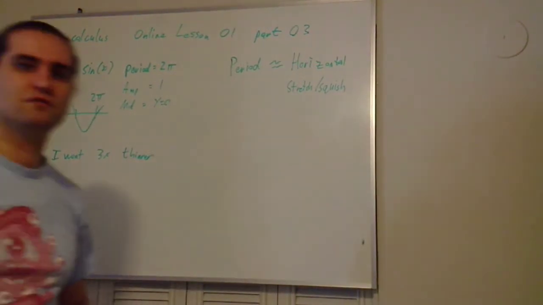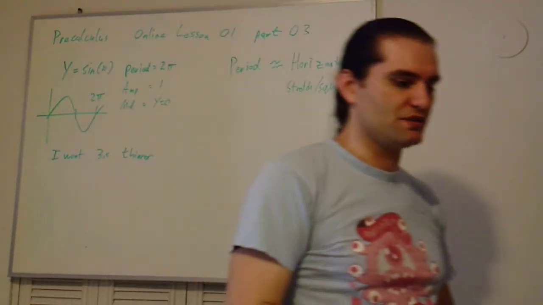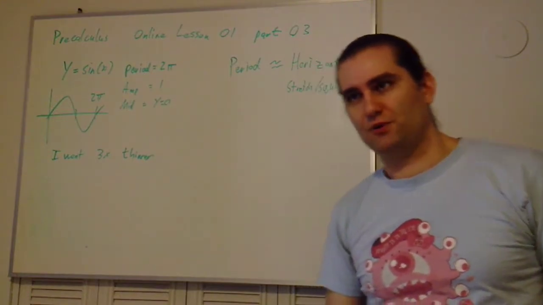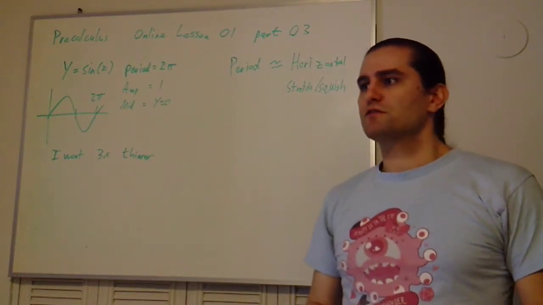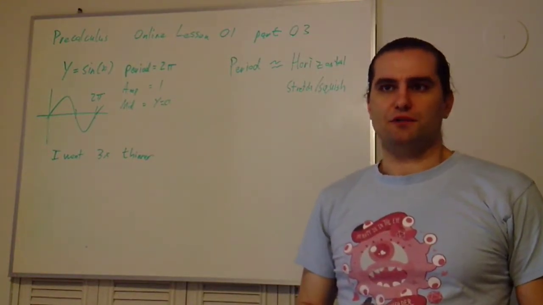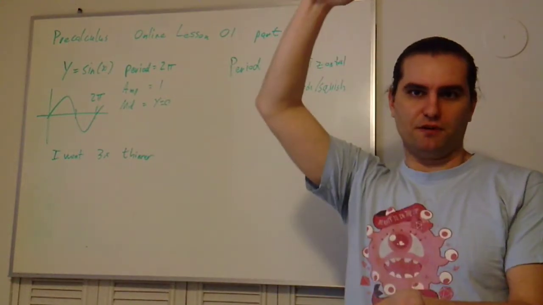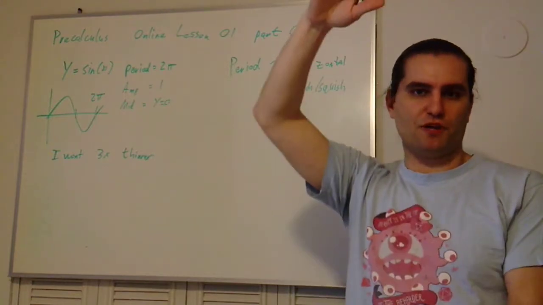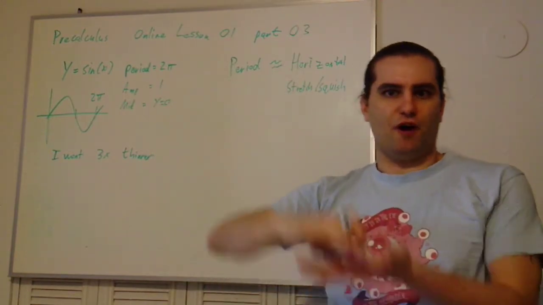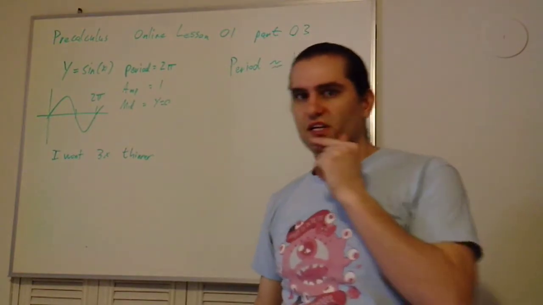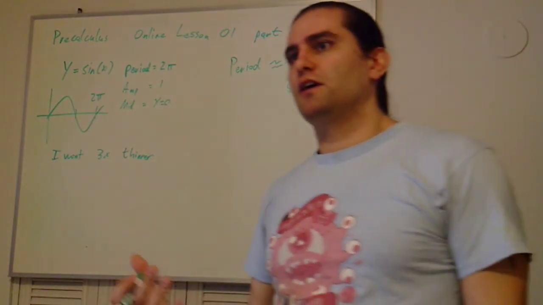So horizontal transformations are the ones that, if we remember, work backwards than how you'd expect. Vertical transformations work exactly how you would expect. If you want something to be taller, you multiply it by a positive number. You multiply something by 4 to make it 4 times taller. If you want something to move up, you add. If you want something to move down, you subtract. This is intuitive.